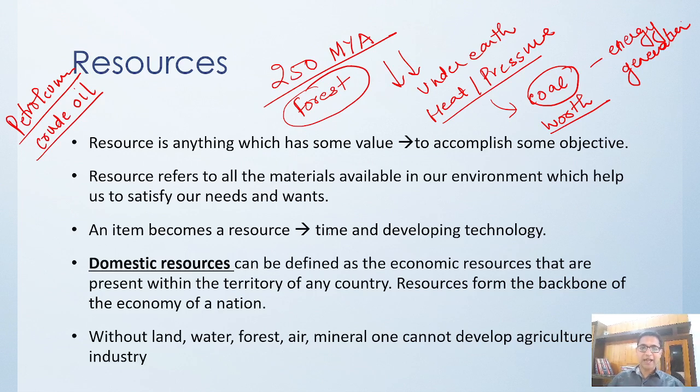So it is with time and with the development of technologies that an item becomes a resource. Earlier the wood was not a resource, but slowly the wood got converted into coal, and now coal has become a resource. Within the time frame of 250 million years, the wood which was of no worth at that time got converted into coal, which is of huge worth nowadays, right?